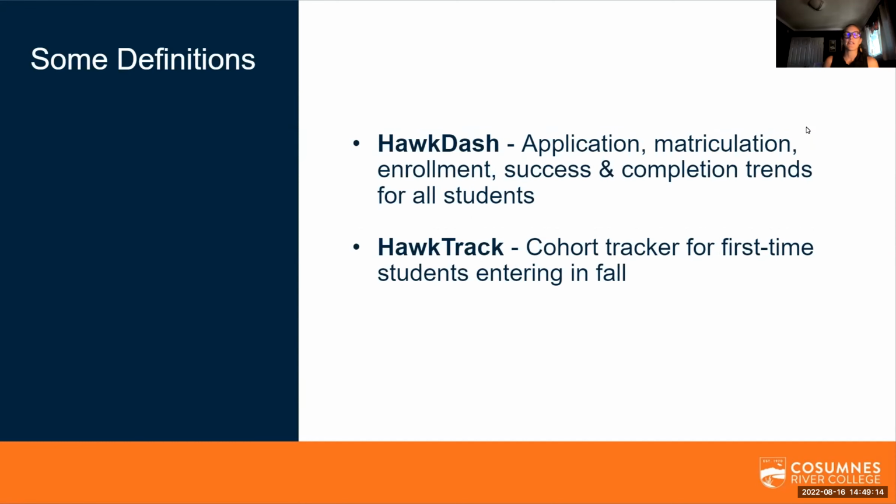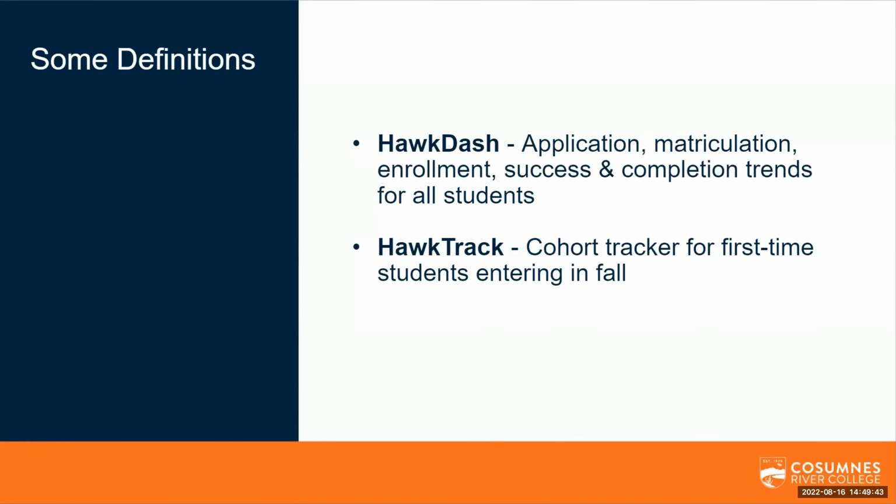So in summary, for those of you who are not familiar with the HawkDash and HawkTrack, or for those of you who are familiar but need a refresher definition, which is also me because I asked Paul about these definitions earlier today, our HawkDash is a dashboard that takes a look at application, matriculation, enrollment, success, and completion trends for all students at CRC.